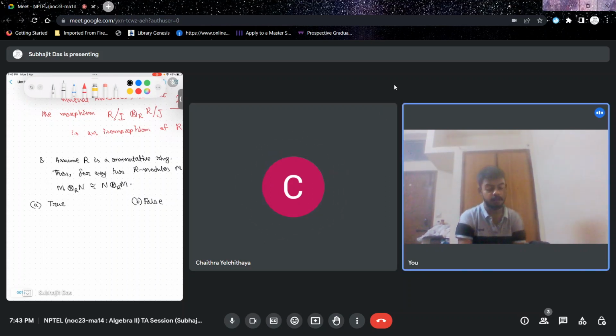It will be true. Okay, so what you are saying is that there is a canonical isomorphism of M tensor over R with N into N tensor over R with M. This is indeed correct, and this is actually one of the most exciting properties of the tensor product. That is, there is a kind of a braiding.